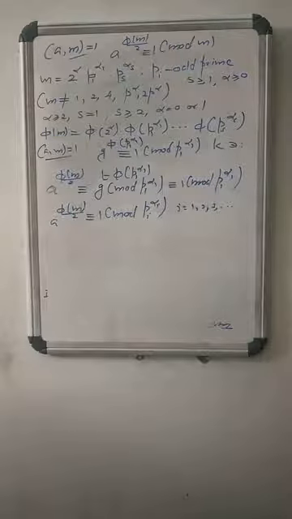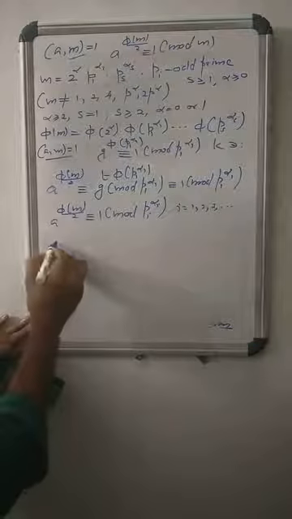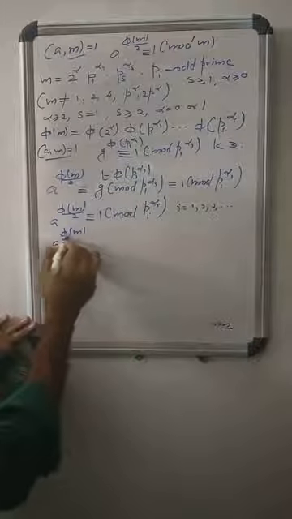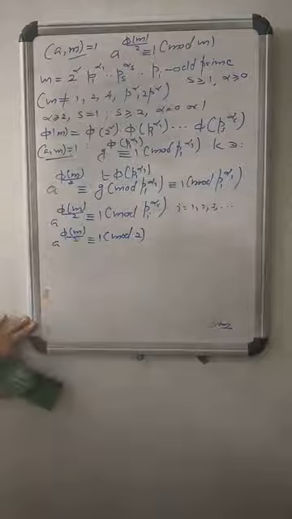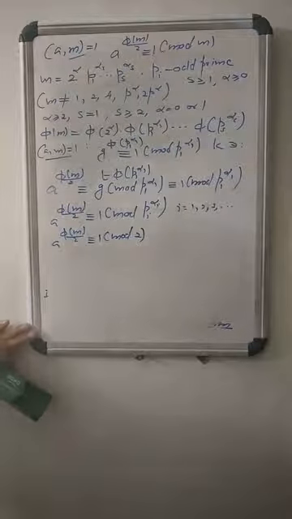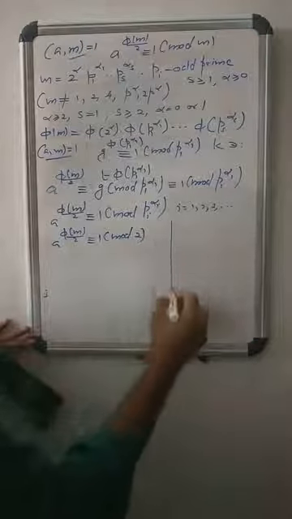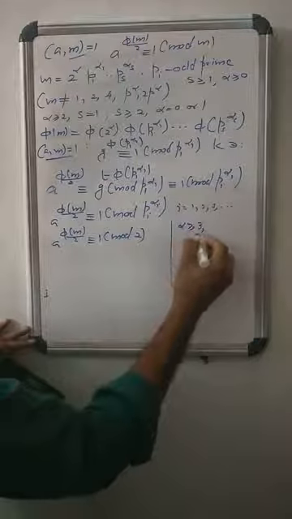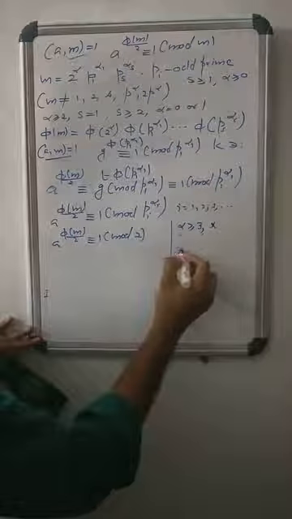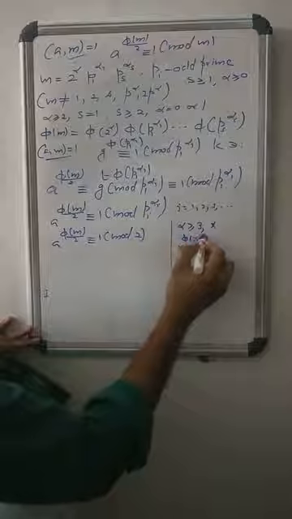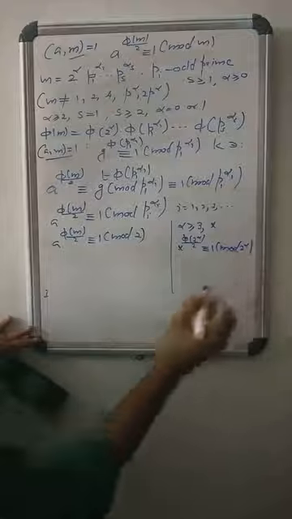Now we prove a power phi of m by 2 is congruent to 1 mod 2 power alpha. How? We have a result: if alpha is greater than or equal to 3 and x is an odd integer, then x power phi of 2 power alpha by 2 is congruent to 1 mod 2 power alpha.